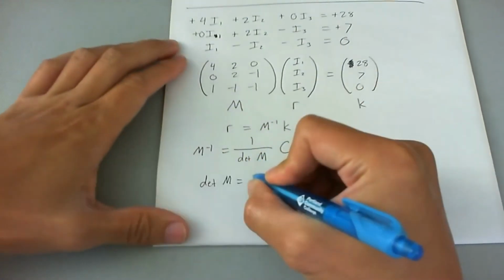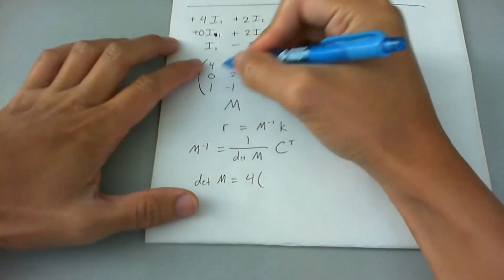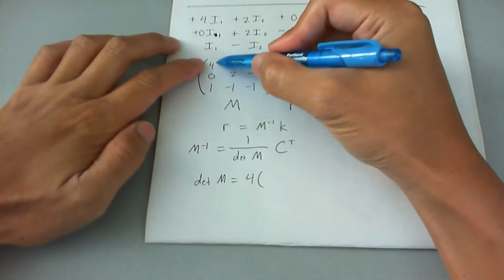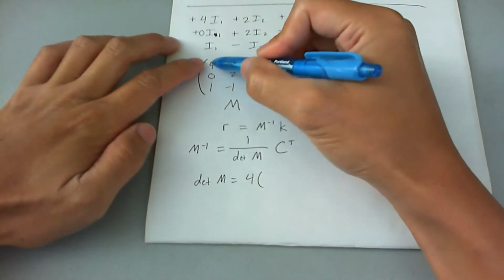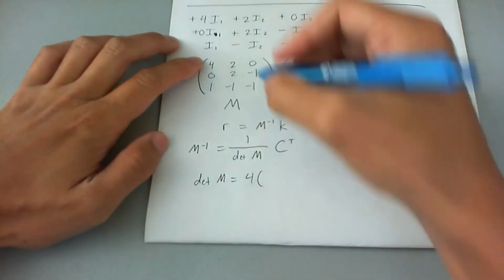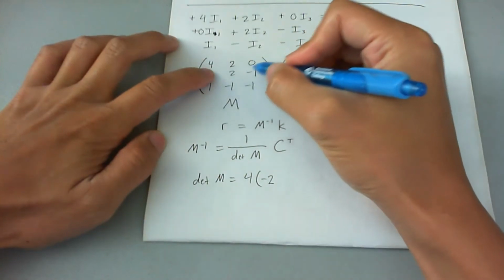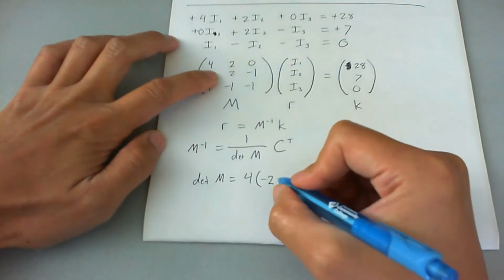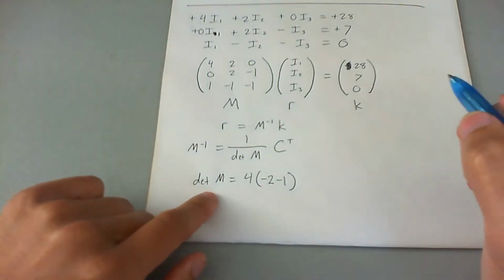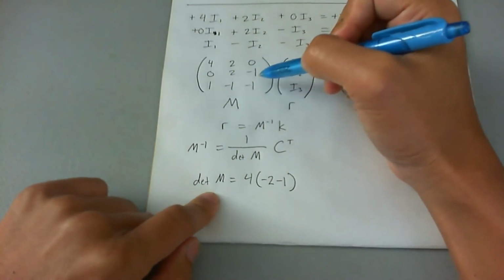For example, it's going to be 4 times the cofactor of that particular element. That means we're taking this element, crossing this part off, crossing this part off, and only looking at the cofactors here. That's going to be 2 times -1, so that's -2, minus -1 times -1, which is +1. So the determinant is this times the cofactors with these 4 elements here.